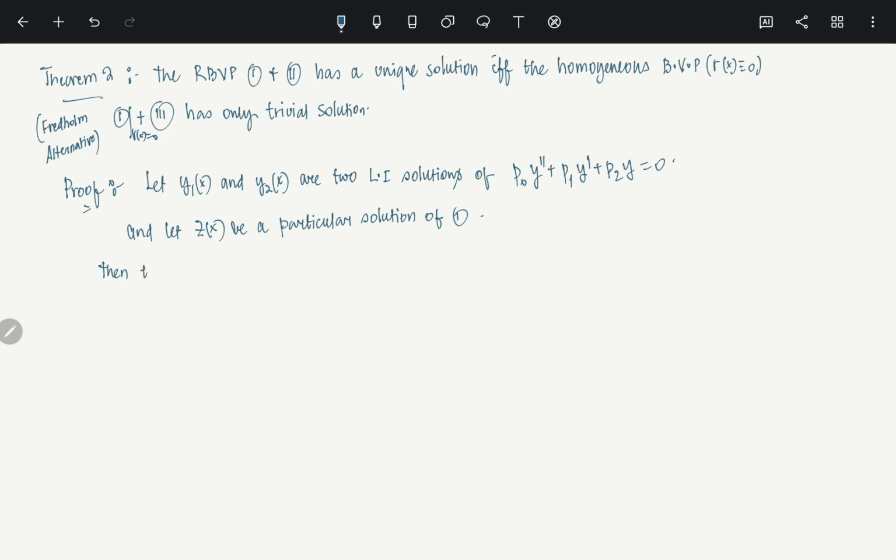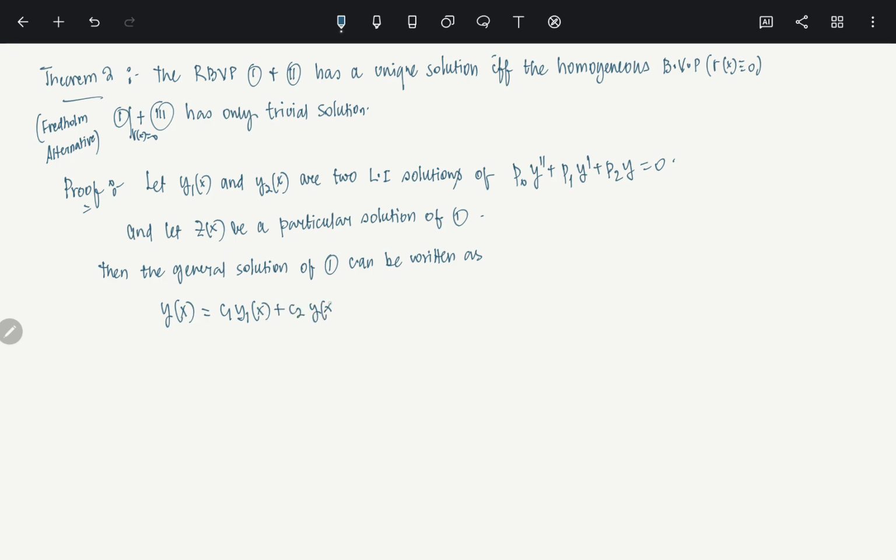Then the general solution of 1 can be written as y of x equals c1 of y1 of x plus c2 of y2 of x plus z of x.